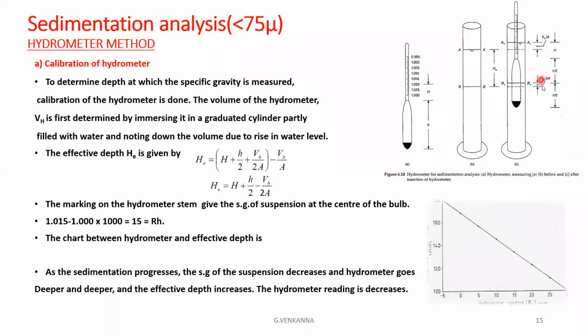Therefore the rise in the height of the water level due to the hydrometer is VH by 2A. Here the total hydrometer is immersed up to the bottom of this layer, so the total water level rises in this area. So indirectly we can obtain the volume of the hydrometer from its cross-sectional area, and we can get the height of the water level due to the immersed hydrometer.